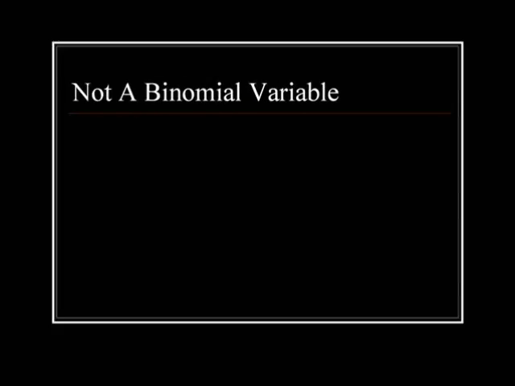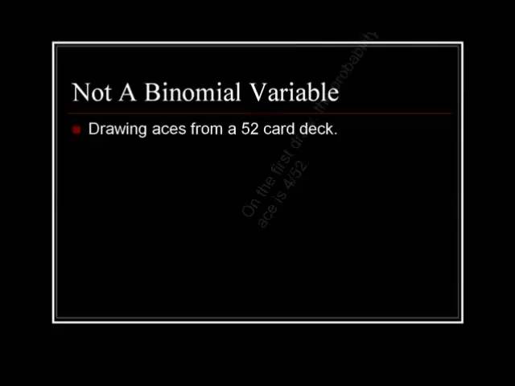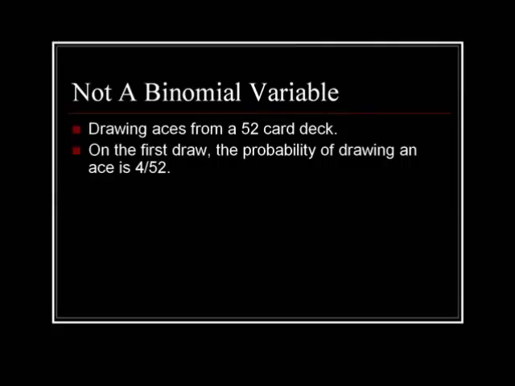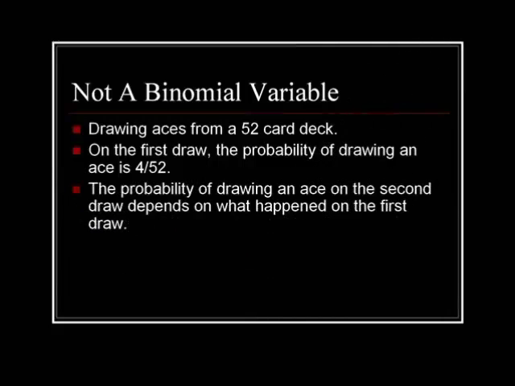Okay, here's something that's not a binomial variable. Drawing aces from a 52-card deck. On the first draw, the probability of drawing an ace from the deck is 4 out of 52. On the second draw, the probabilities depend on what happened on the first draw.